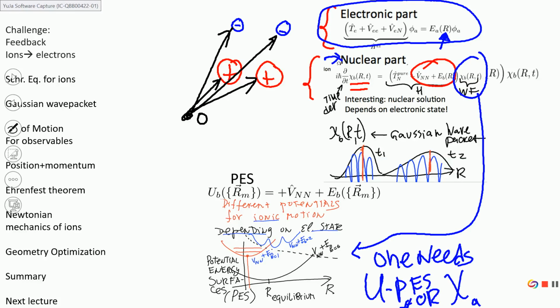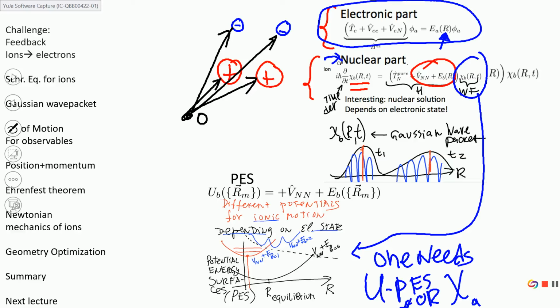So the potential energy surface is how the energy depends on the position of the nucleus, and it will be slightly different for index B, depending on which electronic state we are exploring. The forces will be a little different.